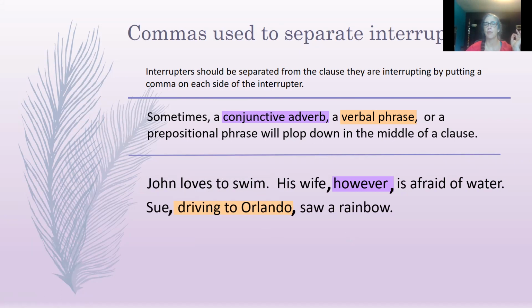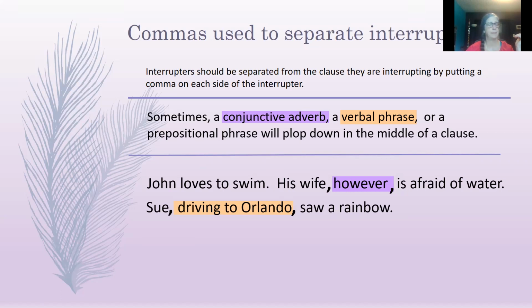I could have used driving to Orlando to introduce my independent clause and written the sentence, driving to Orlando, comma, Sue saw a rainbow. Both are correct as long as I am using my commas correctly.